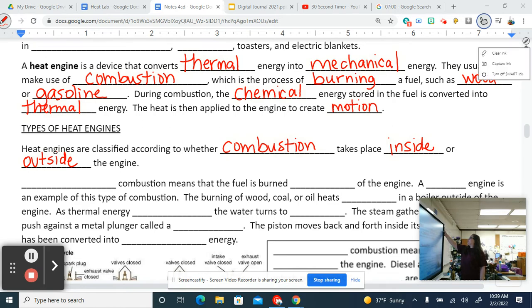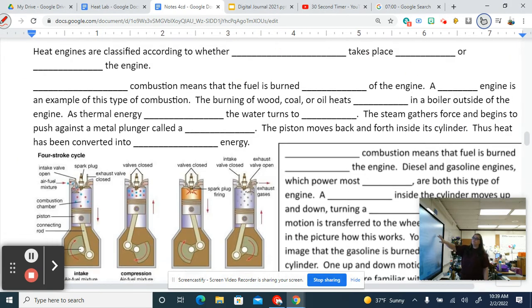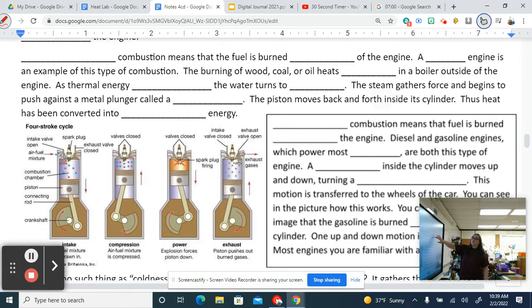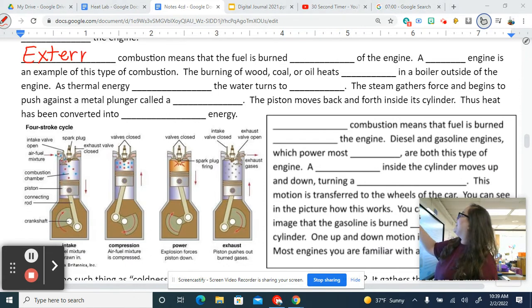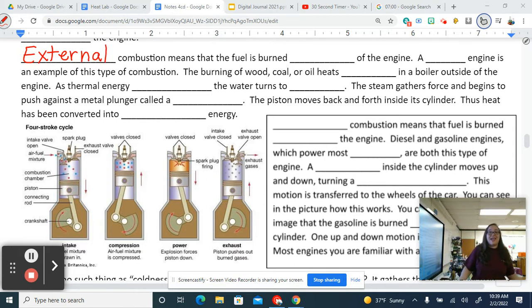I'm clearing it and moving on. All right, so our two types are external and internal. And you can imagine what that means. External, outside, internal, inside. So external combustion means that the fuel is burned outside of the engine.